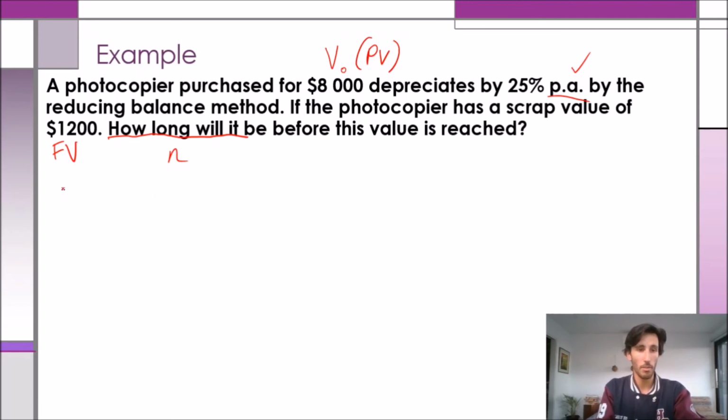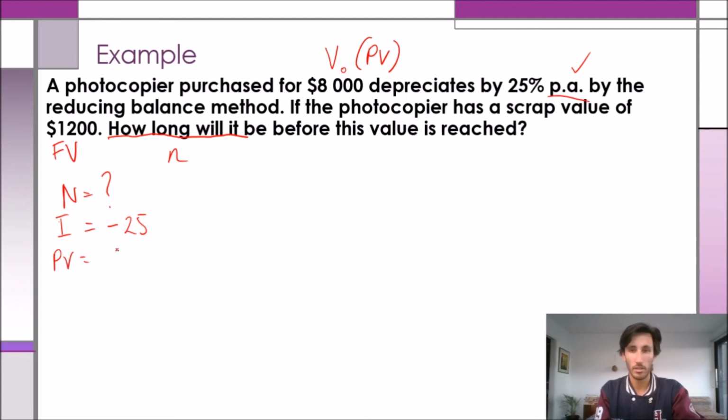So let's set it all up. N is equal to question mark, we don't know. I is equal to negative 25%. So you don't need the percent here, so I'll actually get rid of that. Negative 25% because it's depreciating by that much.